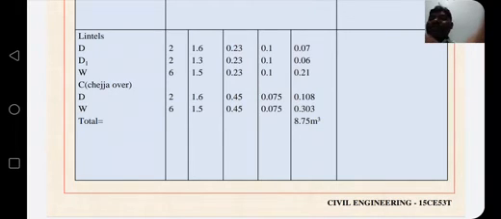Average depth is 0.125 plus 0.1, the average is 0.075. W, 6 into 1.5 into 0.45 into 0.075, 0.303. Total lintel and chajja quantity is 8.75 meter cube.